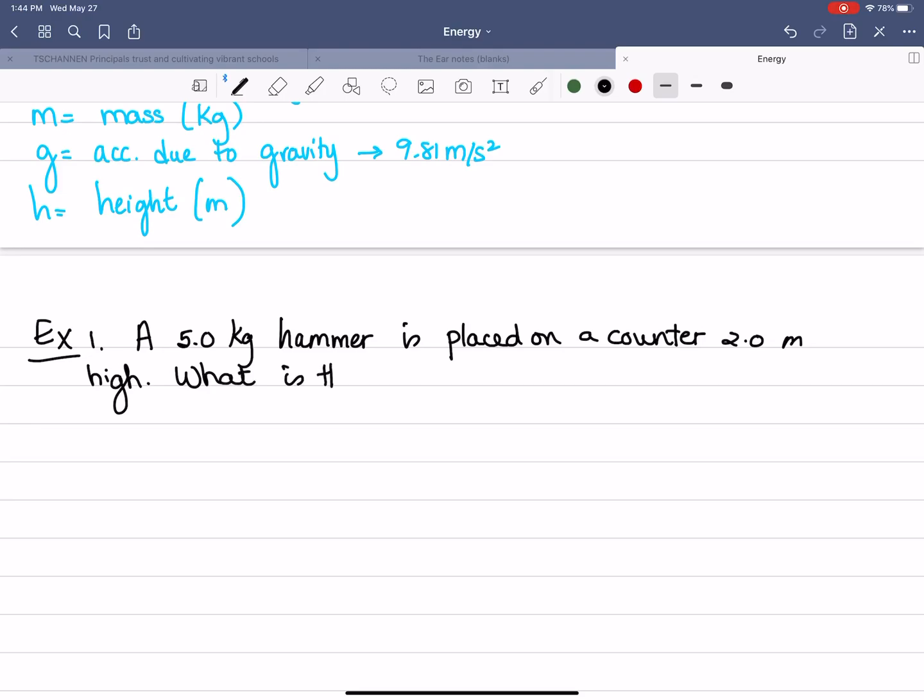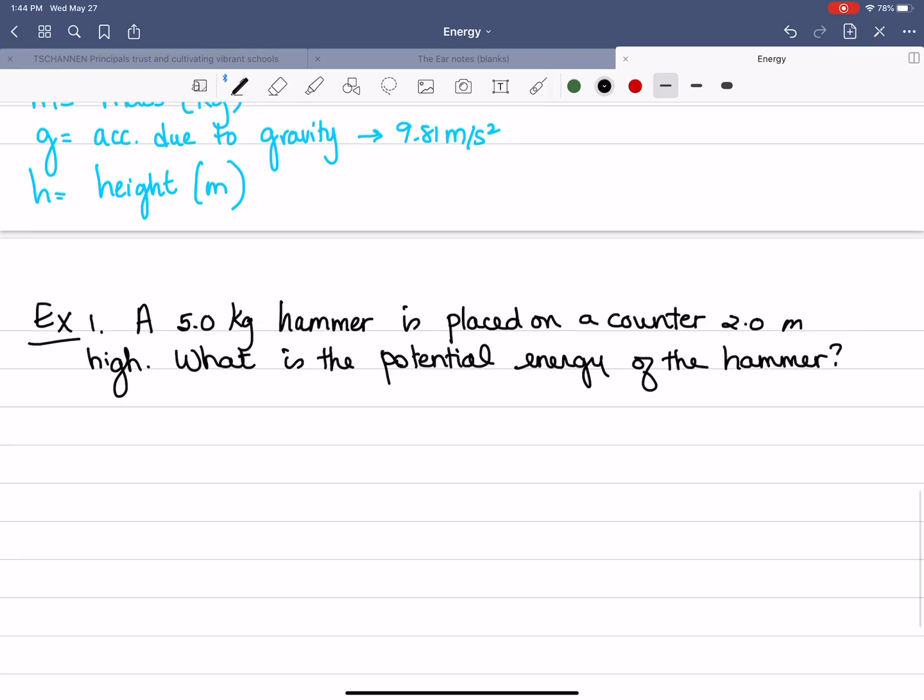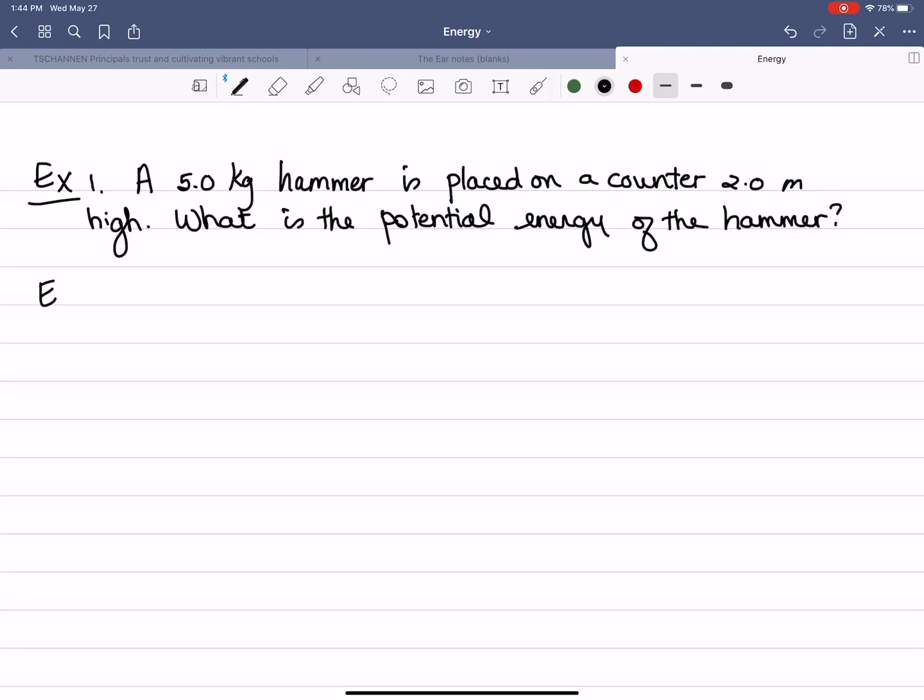What is the potential energy of the hammer? So that's what I'm looking for.